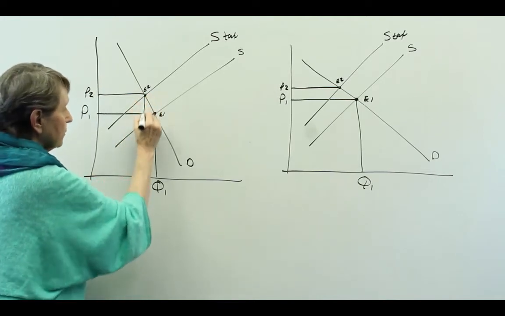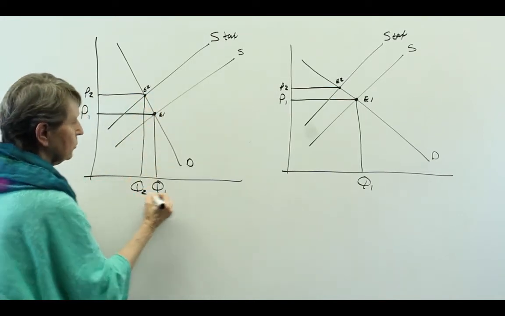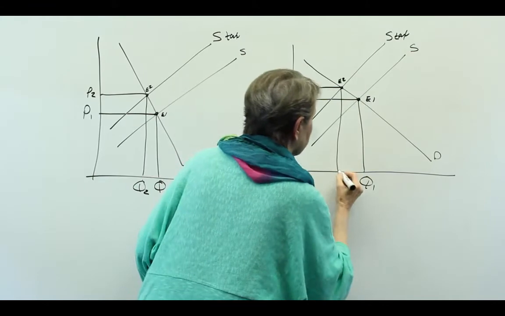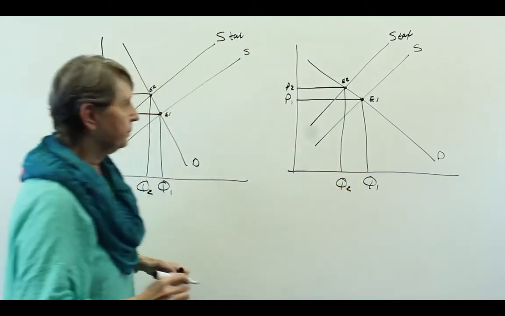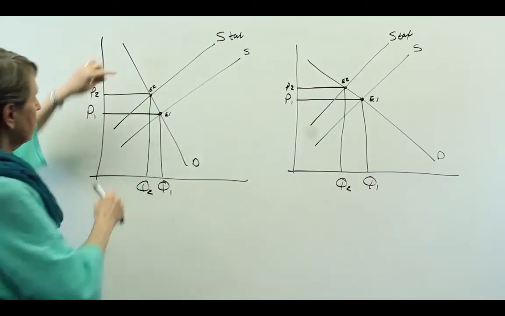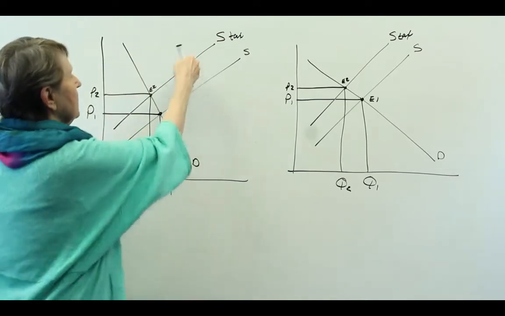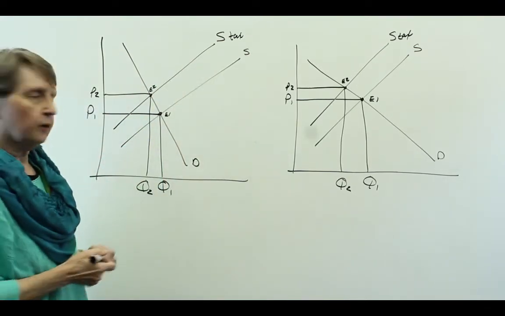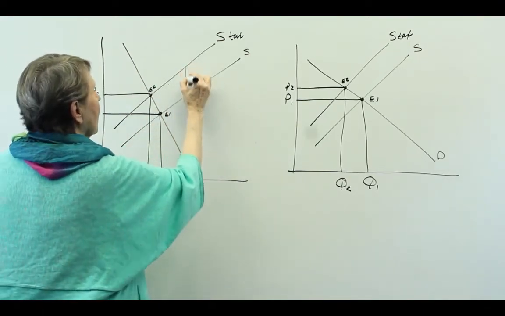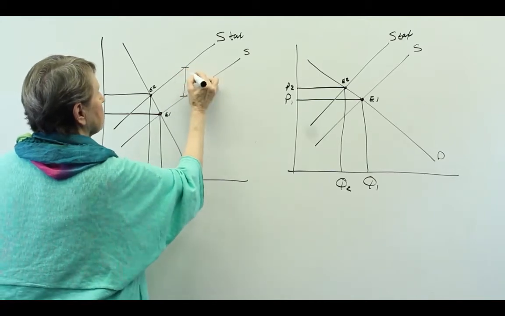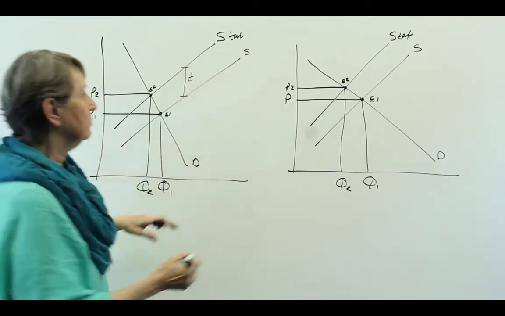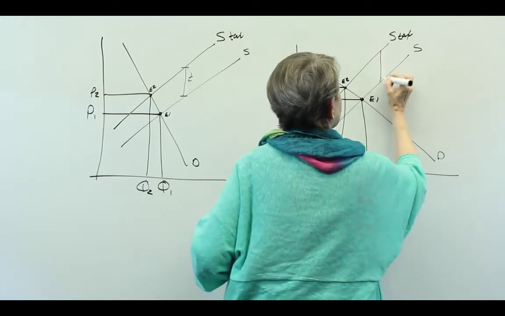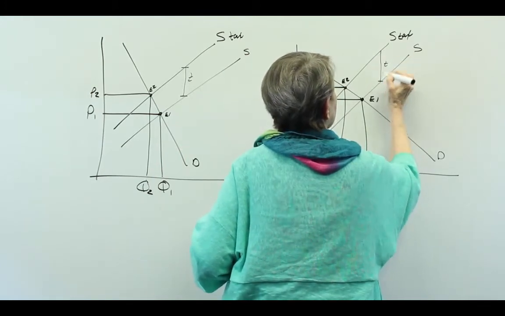New quantity, Q2. New quantity, Q2. But the amount of the tax is the shift in the supply curve. So the amount of the tax is this amount right here. I'll call it T, the amount of the tax. Here's the amount of the tax, T, that amount right there.